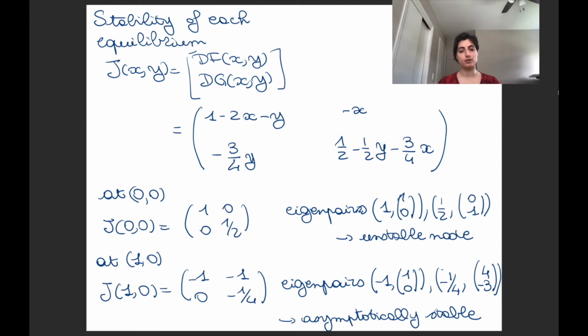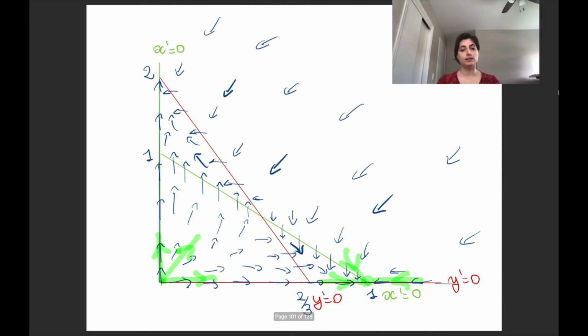And (1, 0) is associated with the eigenpairs minus 1, (1, 0), and minus 1/4, (4, minus 3). That gives us an asymptotically stable node. Both eigenvalues are negative. That means that in our plot, (0, 0) is unstable, so everything is moving away from it, while (1, 0) is stable, everything is moving towards it.